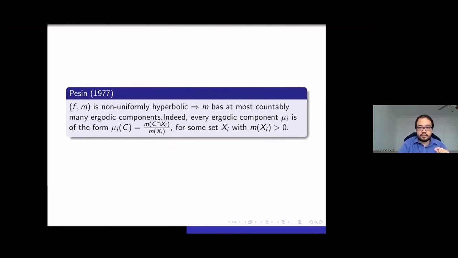Actually, what he proves is the following. Every ergodic component, mu i, has a specific form: mu i of some measurable set C will actually be the restriction of volume to some set xi. So that means that there exists some set xi of positive measure, such that your measure mu i is given by the restriction of volume to this set.